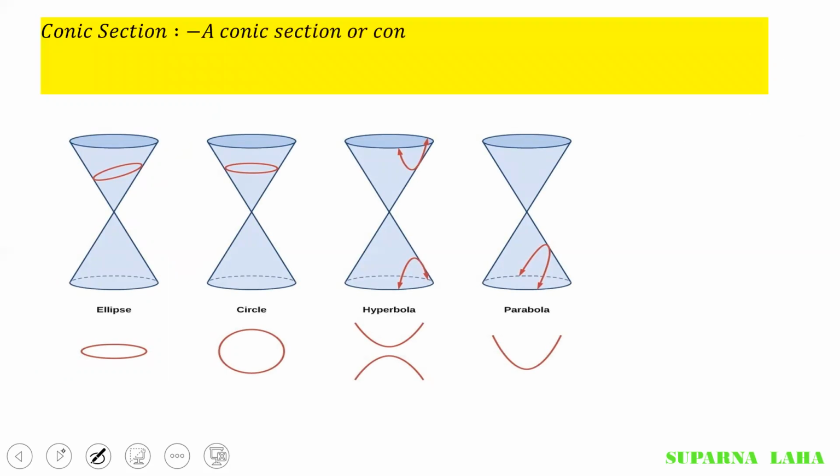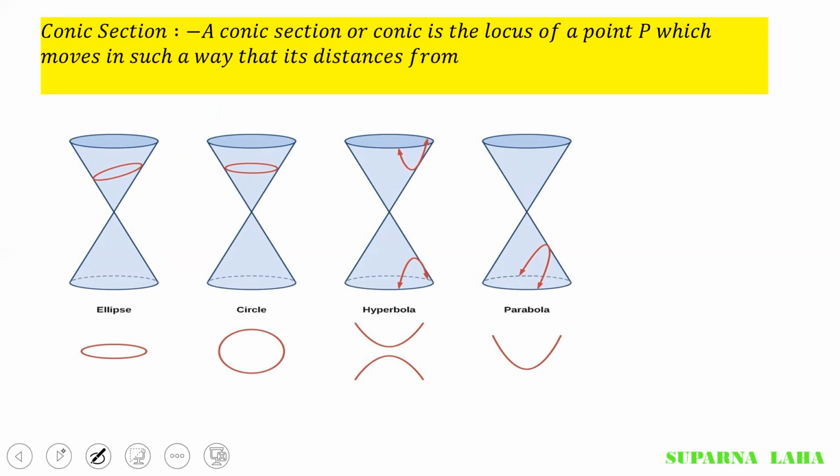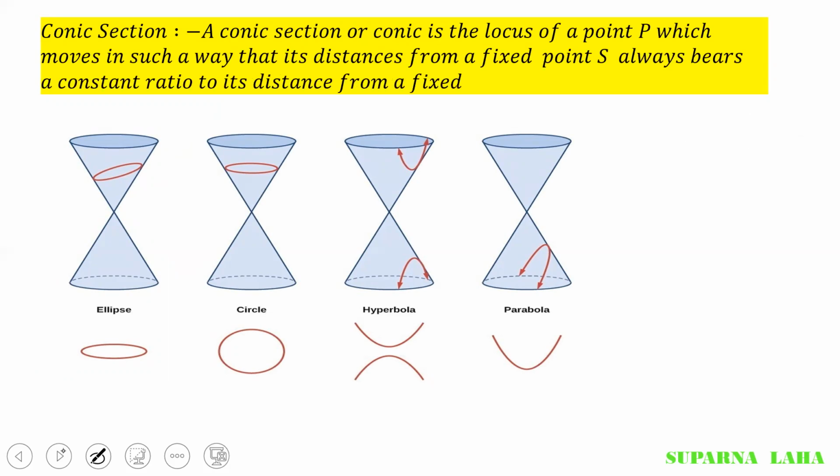A conic section, or a conic, is the locus of a point P which moves in such a way that its distance from a fixed point always bears a constant ratio to its distance from a fixed line, all in the same plane.